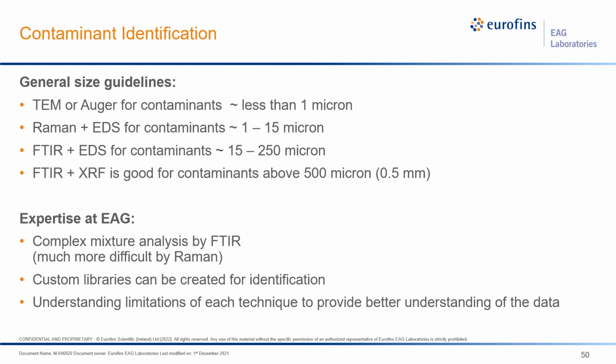For example, in particular with contamination analyses, we have built out libraries of common reagents and plastics and different materials that are used, so that when a defect is generated, we can compare that against our own specific library that we built out. In addition, we have a thorough understanding of the limitations of each technique. And so we can use all that information to give a more complete understanding of the material composition.